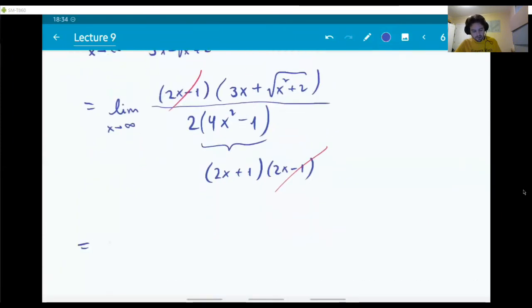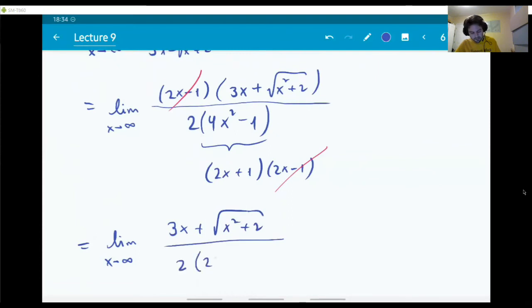And what does that leave you? Just 3x plus square root of x squared plus 2 divided by 2 times 2x plus 1, which we can probably distribute now. Well, let me write this. Okay. Well, this is still going to give you infinity over infinity if you plug in.